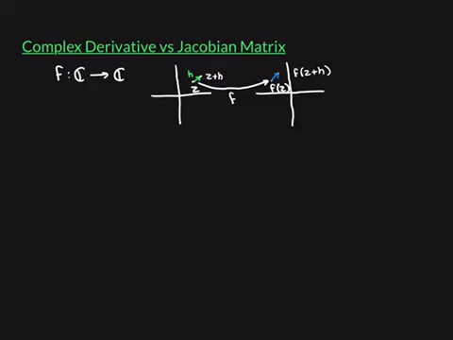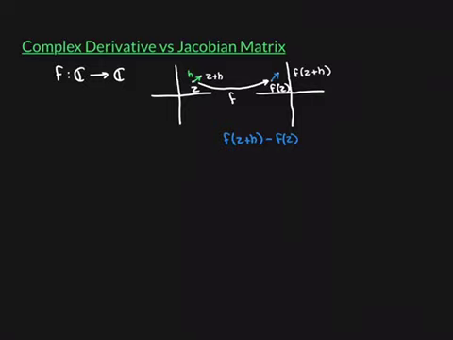Well, the intuitive understanding that we should have of the derivative is that this difference, so f of z plus h minus f of z, so that is the tiny little complex number in blue here. So you take f of z plus h, you take away what it was originally, that's going to give us that tiny little difference between them, which is a complex number, i.e. the change in the codomain here.